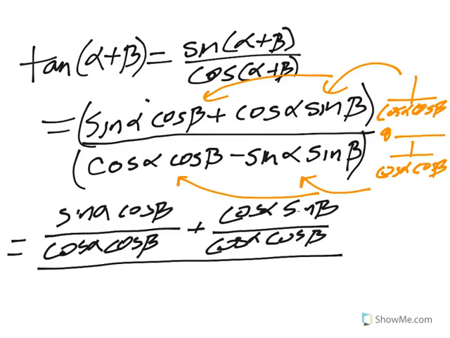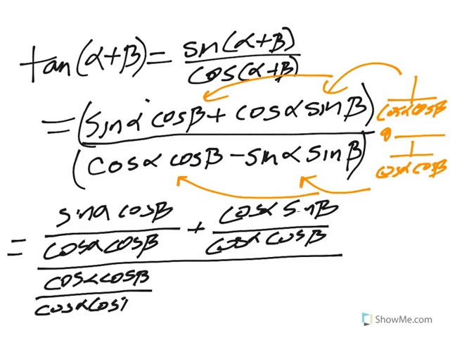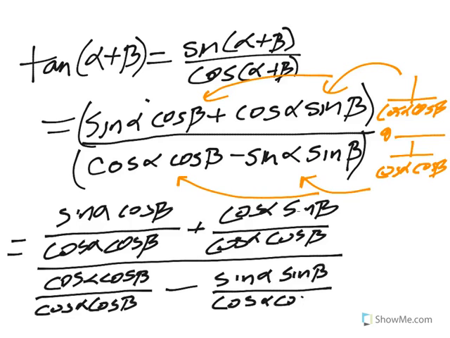So that was the top of that big old fraction, and the similar thing happens in the bottom. You had cosine alpha, cosine beta, minus, started with sine alpha sine beta, and multiply by 1 over cosine alpha cosine beta.